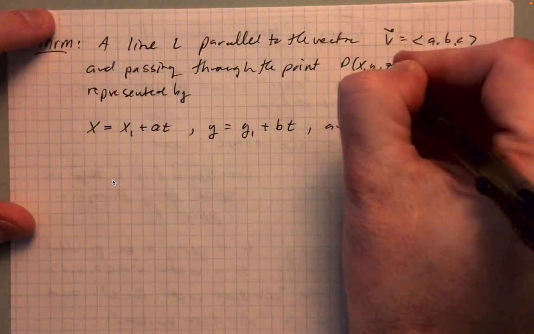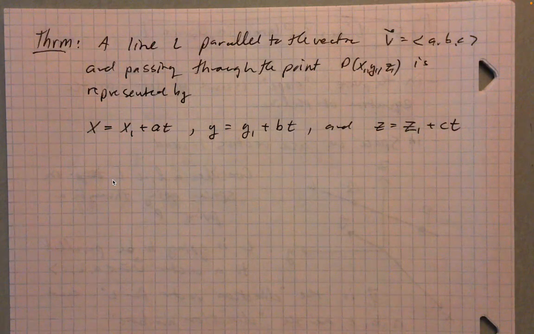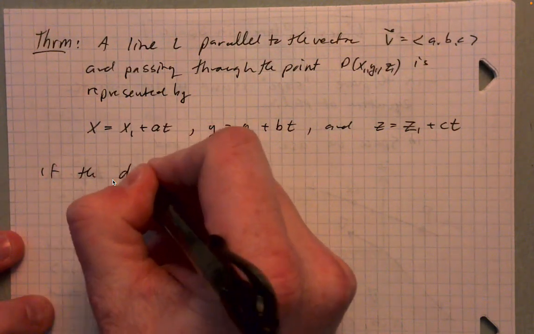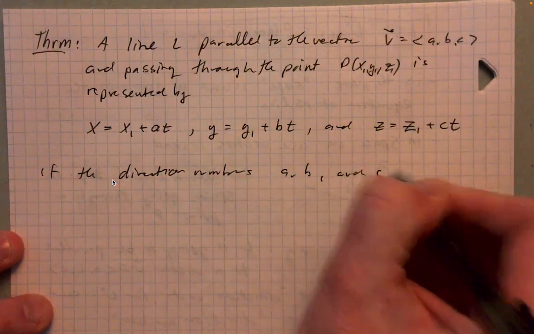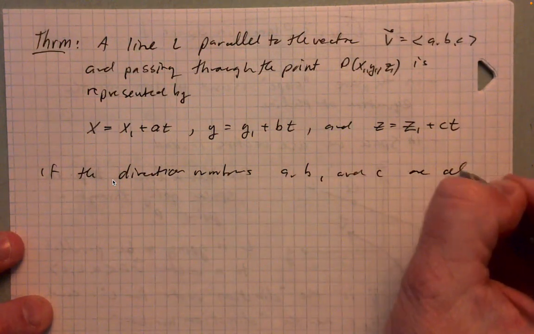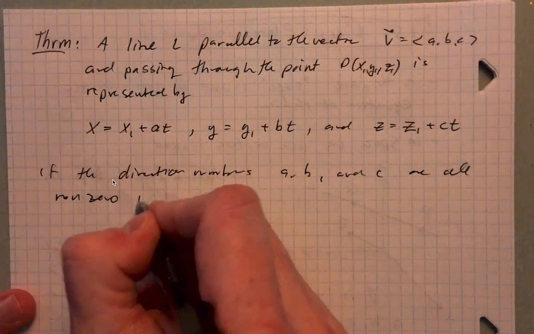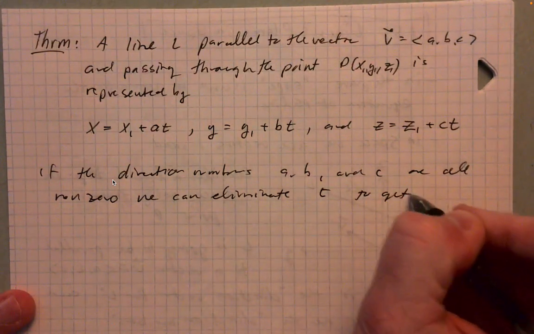Let's call these x1, y1, z1. That being the case, now we could take this further. If the direction numbers A, B, and C are all non-zero, we could eliminate the parameter t and get a different set of equations.